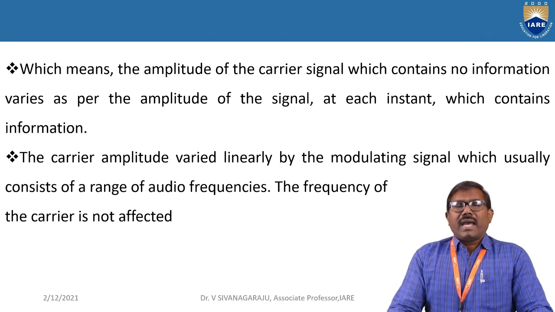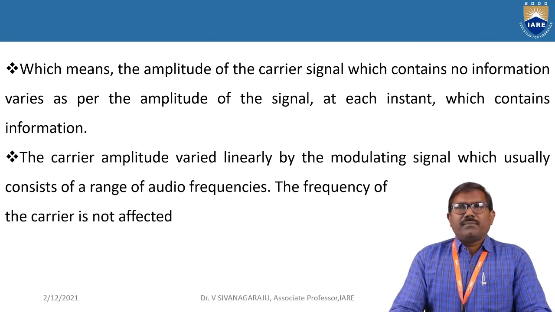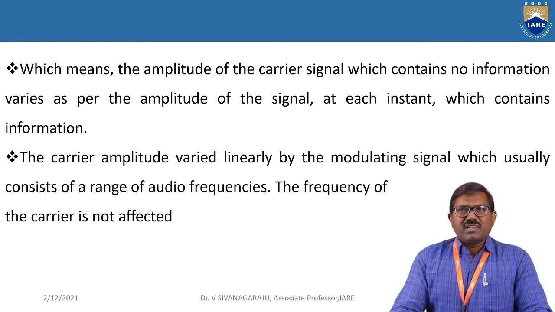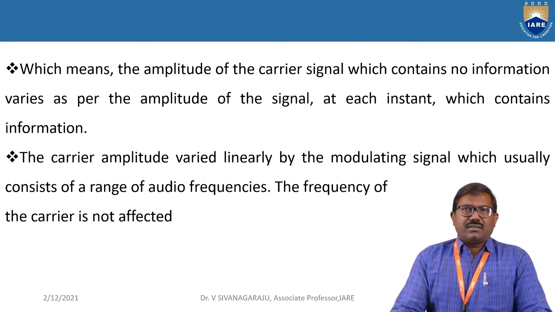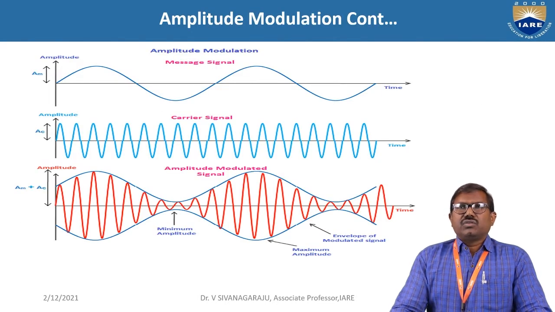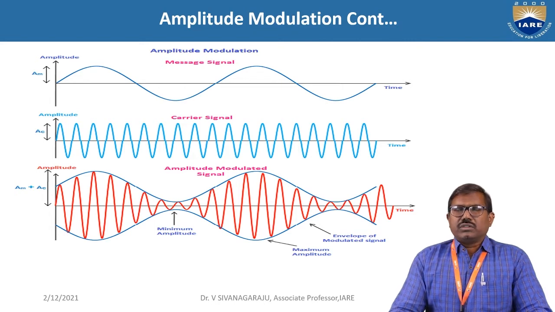So for any modulation, we require two signals. One is the message signal and another is the carrier signal. The message signal is a low frequency signal, whereas the carrier is a high frequency signal. Okay. This picture gives a good idea about amplitude modulation.